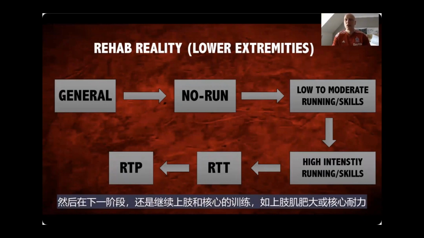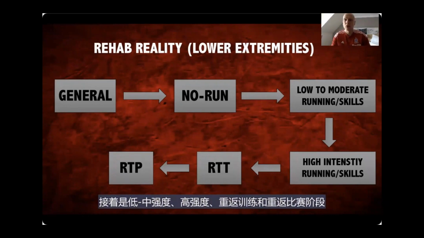And then during the no-run phase, we continue to work on core and upper body, whatever the need is. Is it hypertrophy? Is it upper body power? Is it core endurance? Is it core strength? Whatever we need to develop. And then we move from low to moderate to high intensity running and skills. And finally, we go back to our sport to train it and to play.